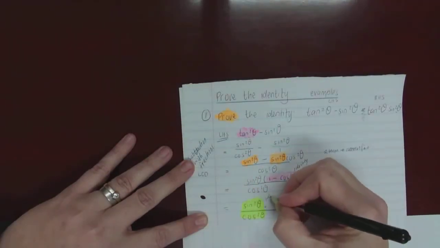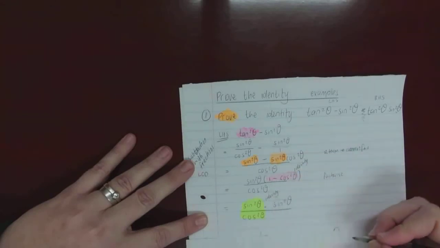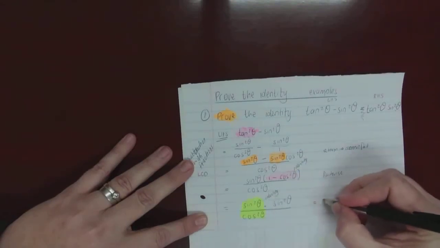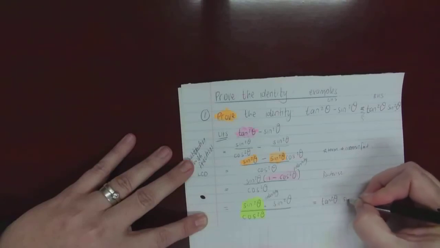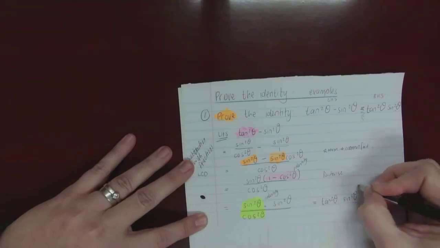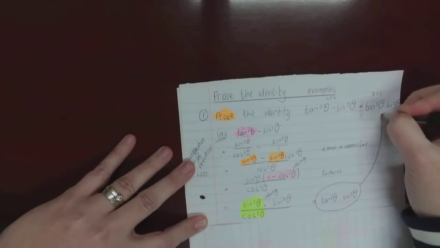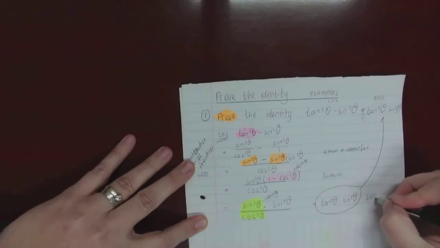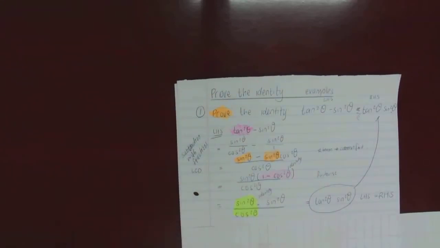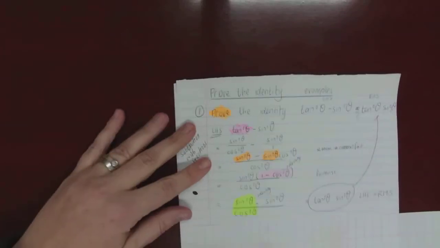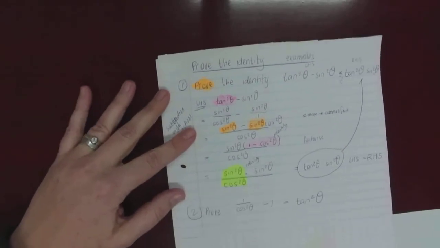This sine squared theta over cos squared theta is an identity. So that is tan squared theta times by sine squared theta. What do you notice? The left-hand side is equal to the right-hand side. Okay. This is like learning how to ride a bicycle. The more you get used to it, the easier it's going to get.